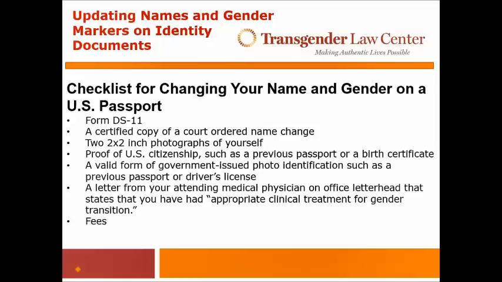You need a copy of that Form DS-11 filled out, a certified copy of your court-ordered name change, two 2x2-inch photographs of yourself, proof of U.S. citizenship such as a previous passport or a birth certificate, or a valid form of government-issued photo identification such as a previous passport or driver's license, a letter from an attending medical physician stating you have undergone appropriate clinical treatment for gender transition, and some fees.